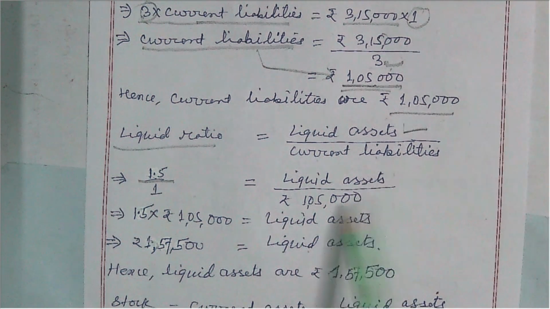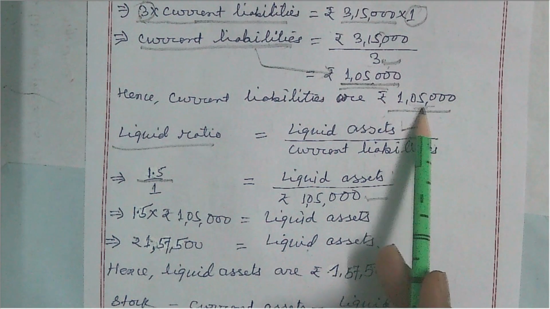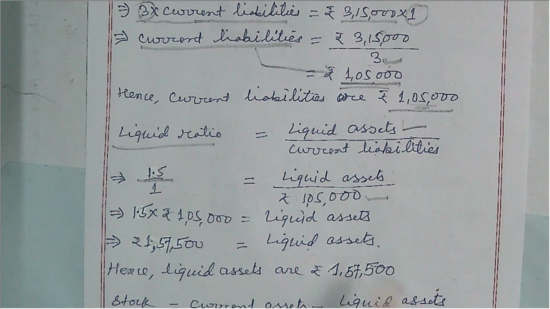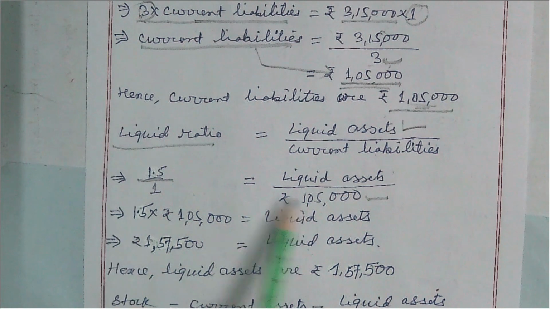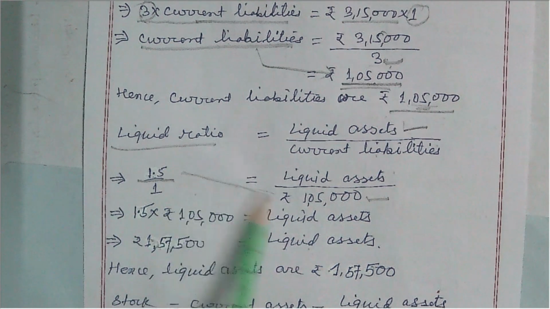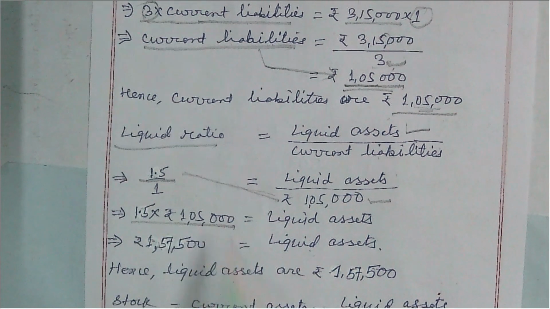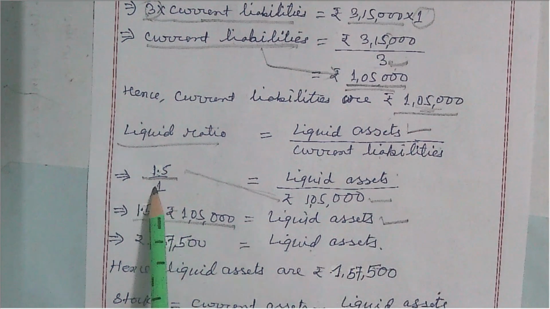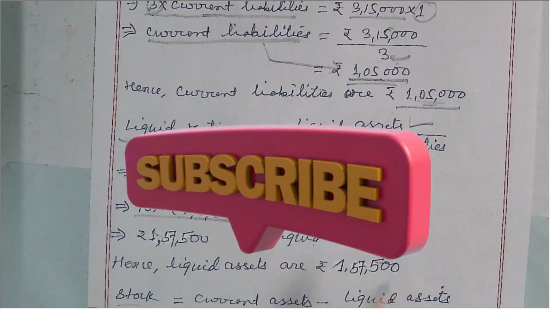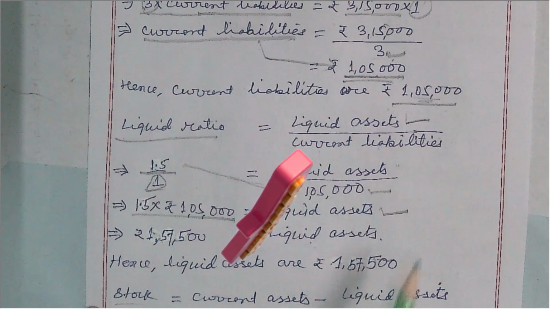So here liquid assets by current liabilities. Current liabilities we got is 1,05,000. Putting this value here, cross multiplication: 1.5 into 1,05,000, and this is the liquid assets. The 1 will go here, so no need to write it because the value is 1.